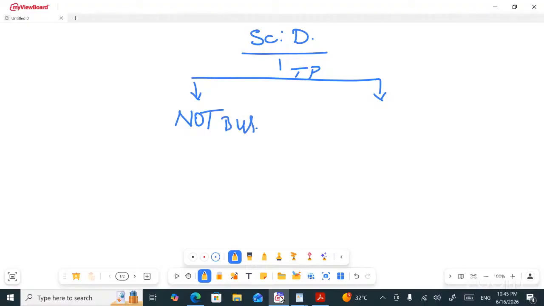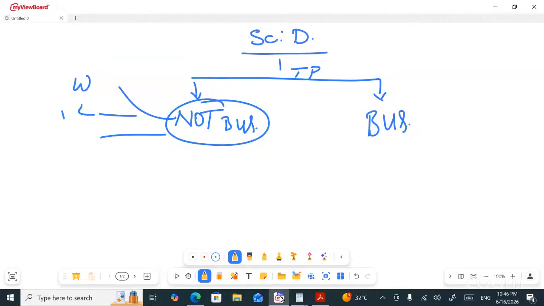Suppose instead the taxpayer is a business person, he also has business income. In the case of a taxpayer not having any business income, obviously wages, interest income and dividend income like that will be included.